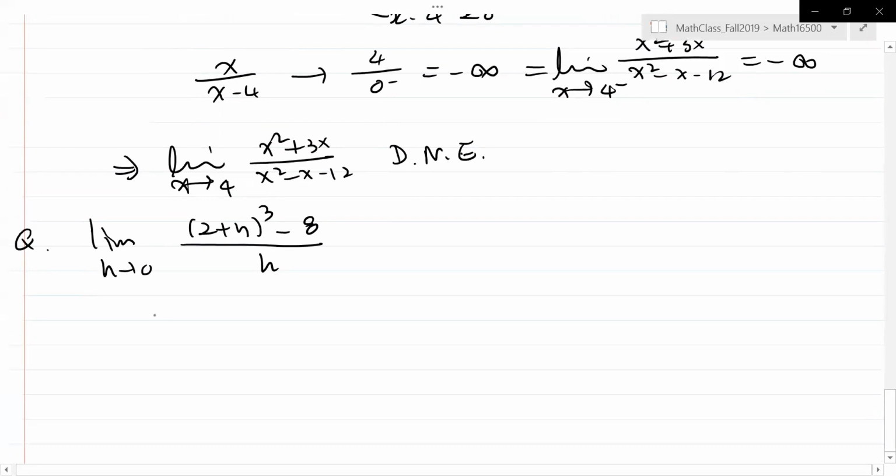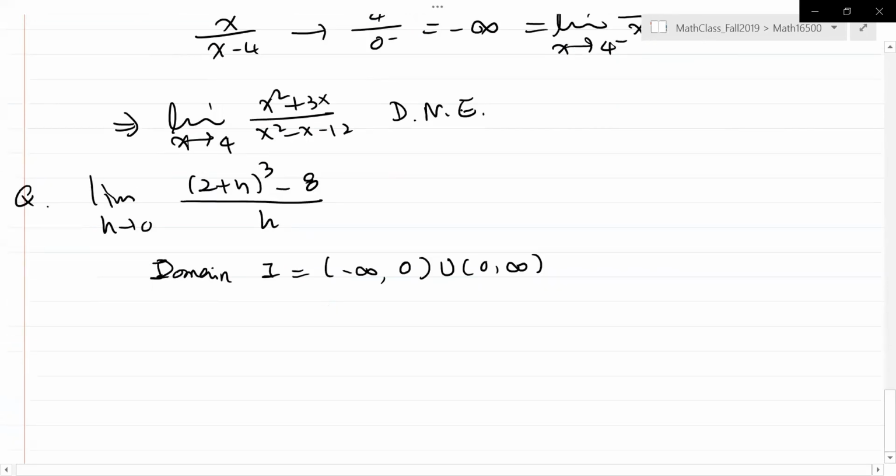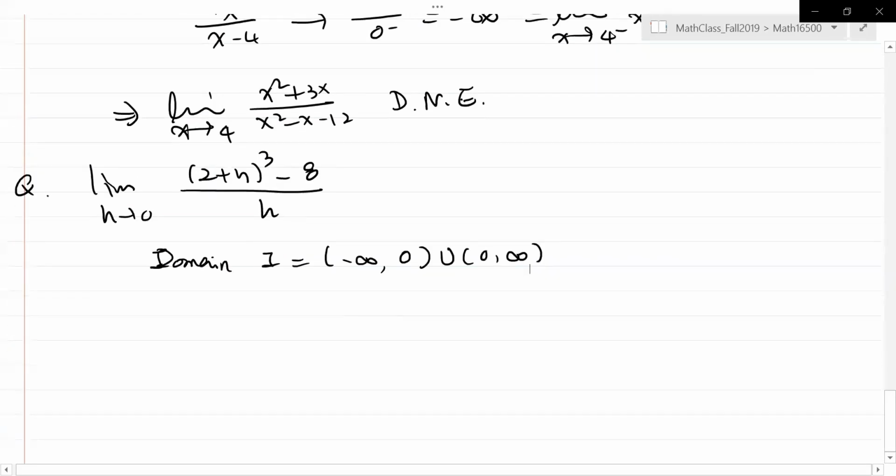So I think the numerator contains a factor of h, and the fraction can eventually be simplified, and then you can quickly get the limit as h approaches 0. The domain of the function consists of two intervals, from negative infinity to 0 and from 0 to positive infinity.